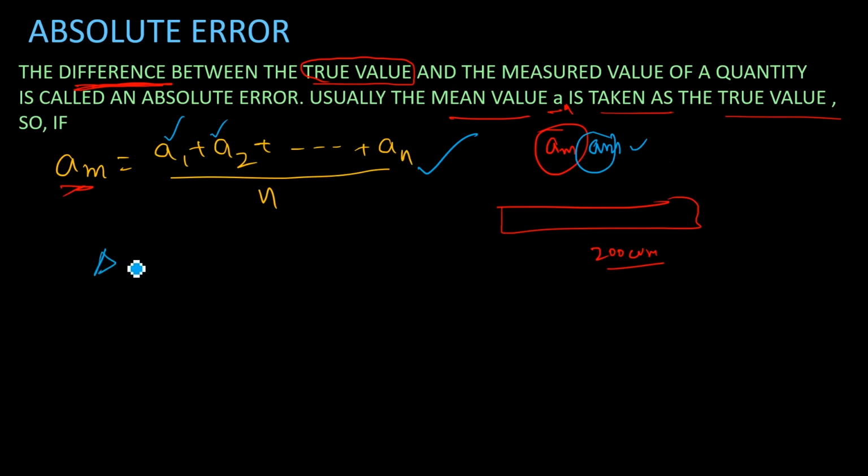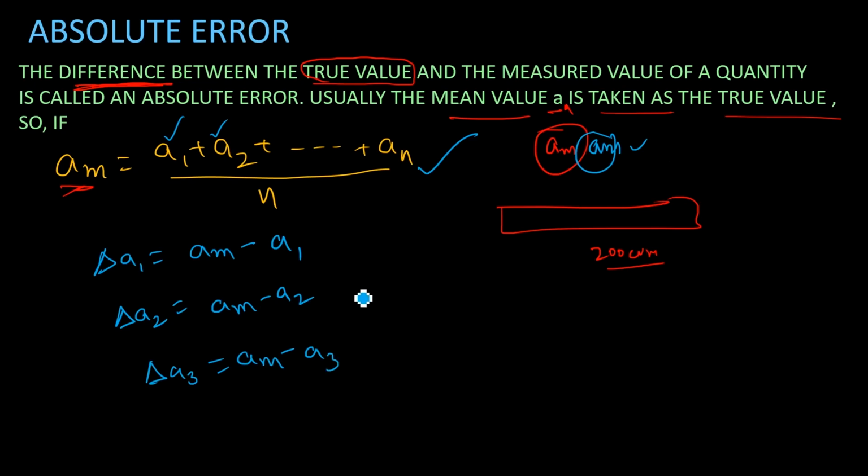So delta a1 equals a_m minus a1. Delta a2 equals a_m minus a2, delta a3 equals a_m minus a3, and delta a4 equals the mean value minus the fourth value.